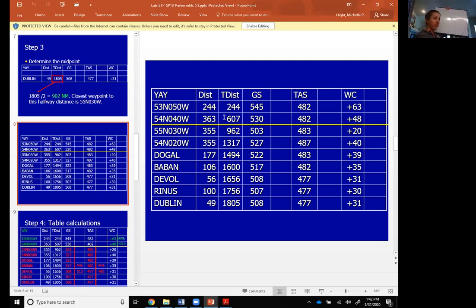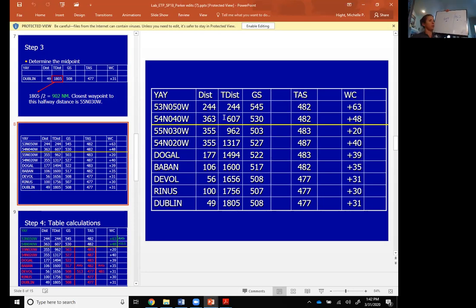Imagine you are going, here's 607 into the flight plan, here's 962, and these are 2 points, right? We're flying. Our midpoint mileage was 902, so like there. Our actual midpoint mileage is where I made the slash.